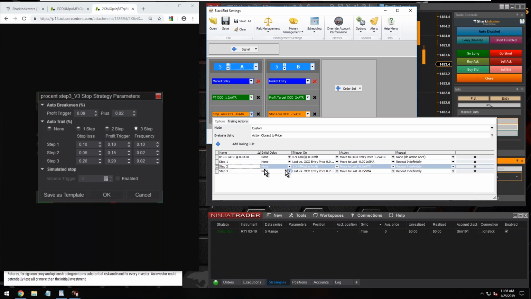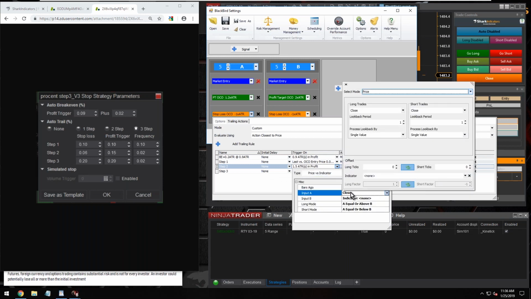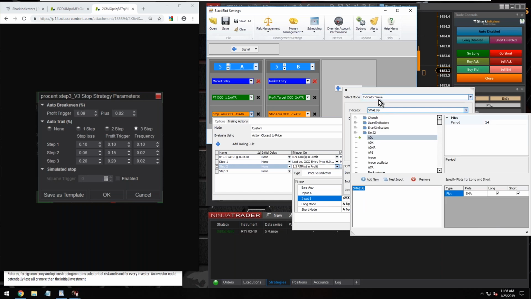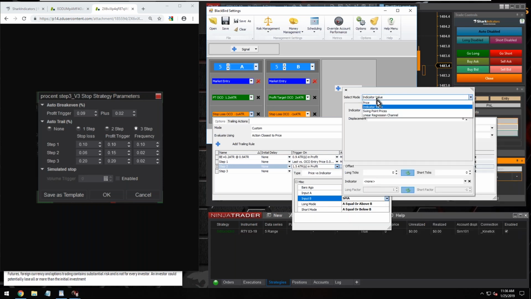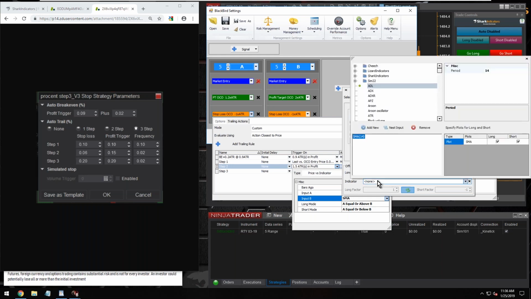Okay, so step 2, let's go make the adjustments for step 2. So price versus indicator, input A, that's going to be the last price. Input B, we need to switch the mode over to price. So now we can take the entry price and then plug in our SMA.